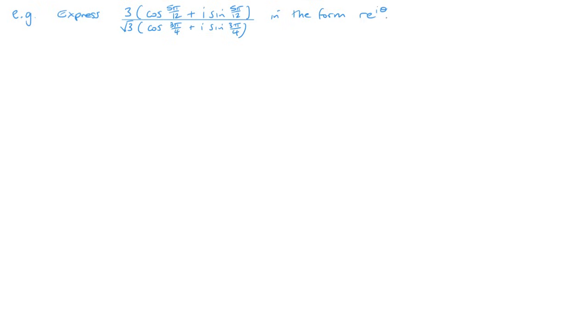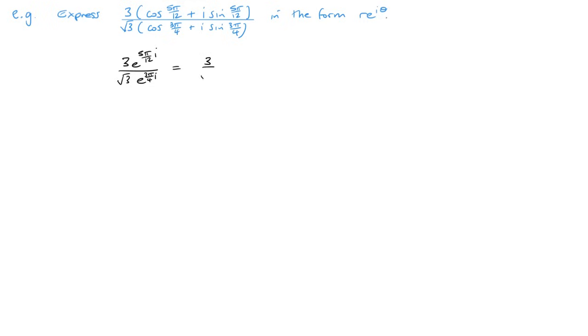Let's have a look at a division. Here is my division, and what I first want to do is convert it into exponential form. So this is 3e to the 5 pi by 12 i divided by root 3 e to the 3 pi by 4 i.